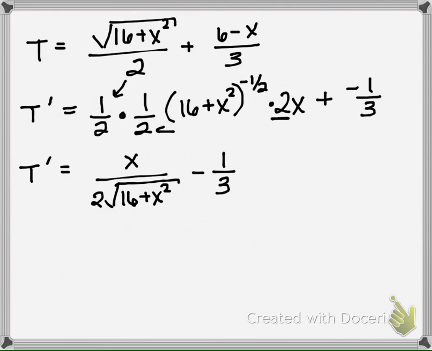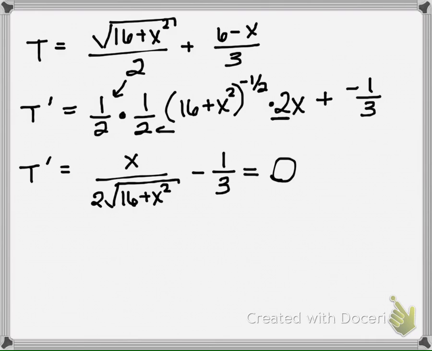And we want to know our critical values. We want to know where the derivative doesn't exist. Okay, the denominators here will always be positive. There's no way to make the square root of 16 plus x squared equal to 0. And we also want to know where the derivative is 0. So let's solve this.